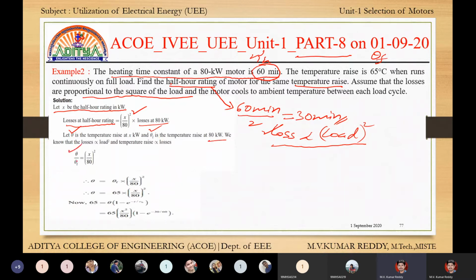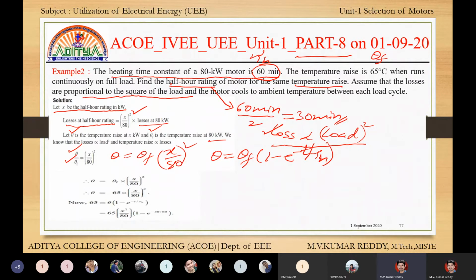Then theta by theta f is equal to (x/80) whole square. So theta is equal to theta f into (x/80) whole square. This is one expression. Already we know that theta is equal to theta f into (1 minus e power minus t by tau h).